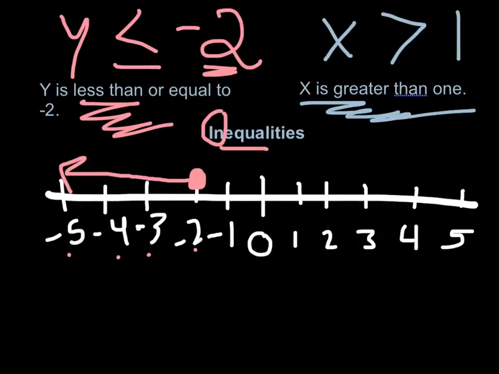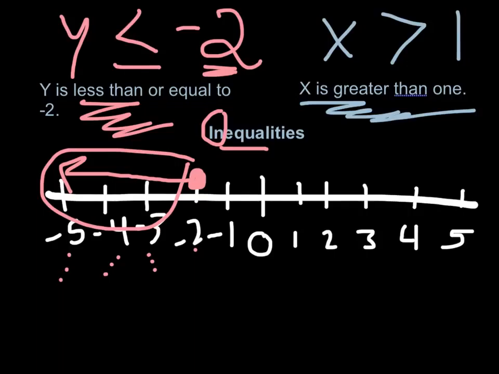Why do you draw the line going to the left of -2? Why do you include -3, -4, and -5 in this graphing of the inequality? I include them because this is what y is. What's less than -2? It's -3, -4, -5.